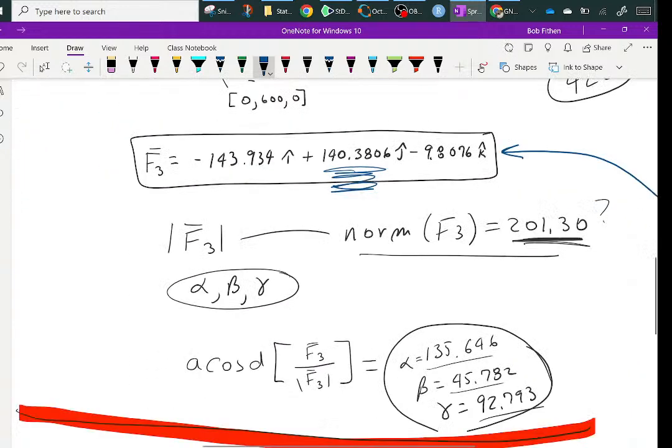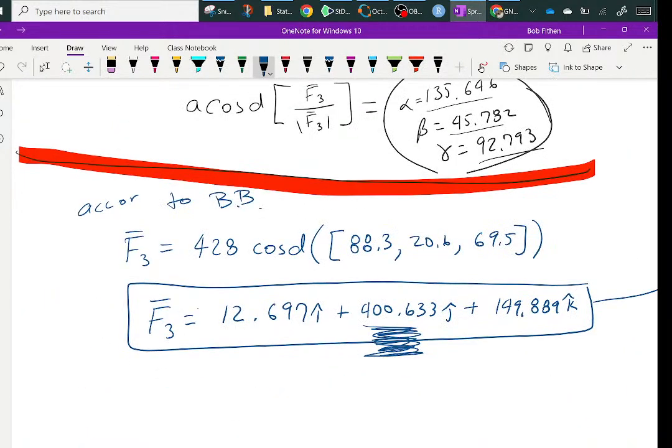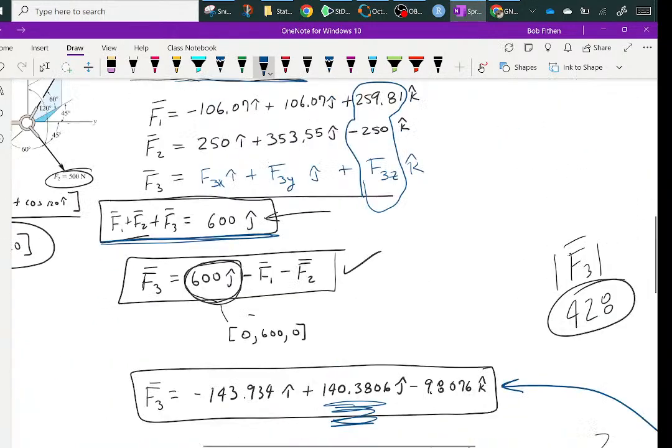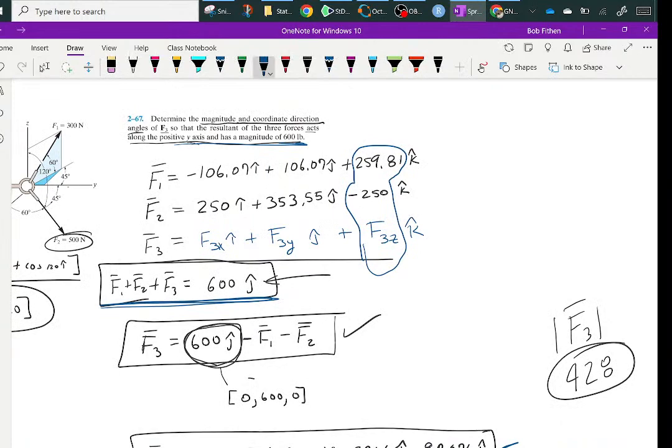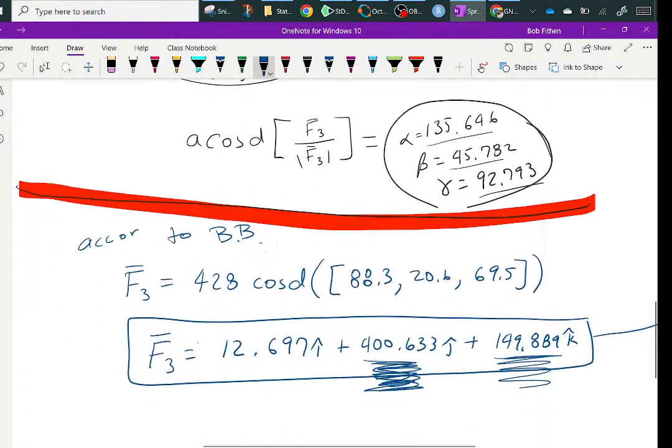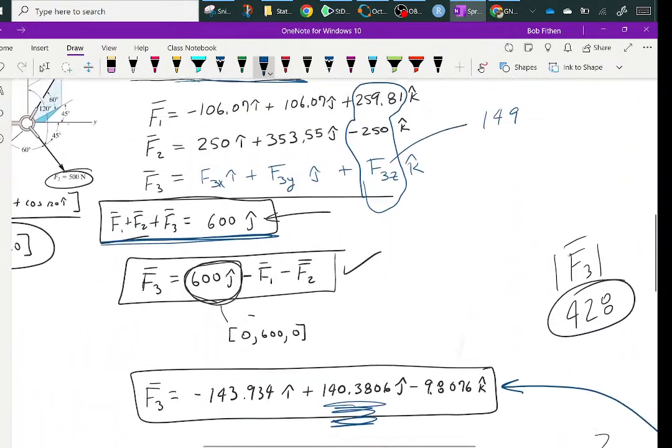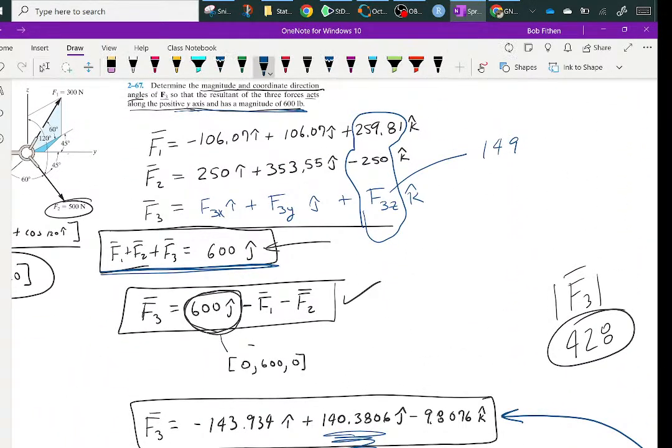So what does he come up with? He comes up with 149. So he's telling me this is 149. Is he telling me that's positive or negative? He's telling me that's a positive 149. I can't see the difference between those two.